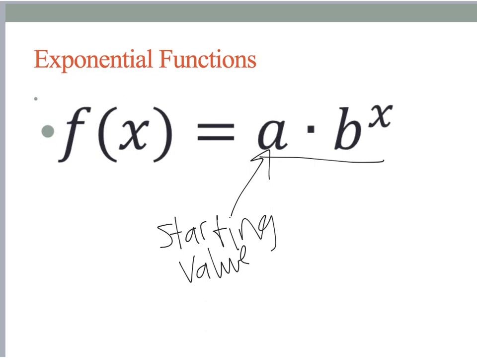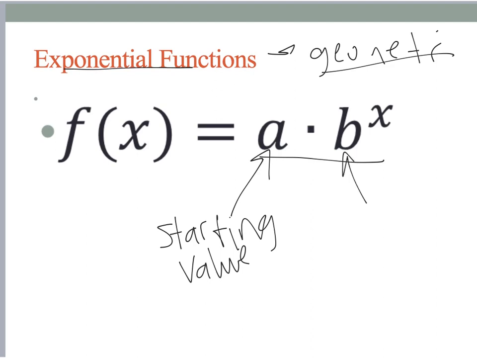Exponential functions and geometric sequences go hand in hand. They are very close to the same thing. My pen is not writing right now, but geometric sequences.